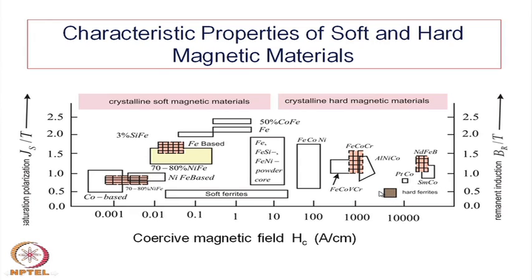So, this is the hard ferrite region, and one can see, although their coercive field is very high, their saturation magnetization is fairly low. So, it is difficult to magnetize and demagnetize, but the overall magnetic strength is not that large.